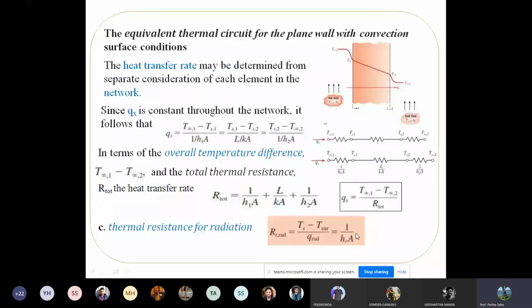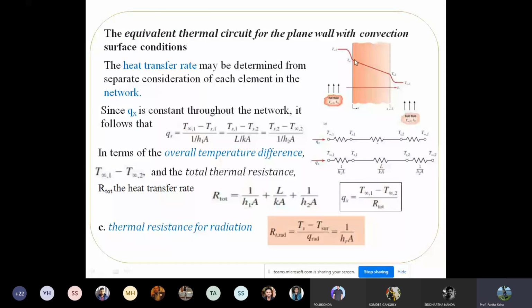So if you draw the equivalent thermal circuit for the plane wall with convection surface condition, the heat transfer rate may be determined from a separate consideration for each element, since Qx is constant. Here we are considering both convection and conduction on this plane wall. There is a fluid temperature T∞1 that is coming. Here heat transfer is happening due to convection.